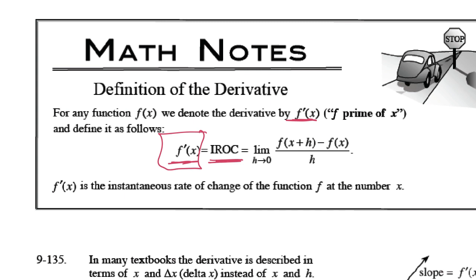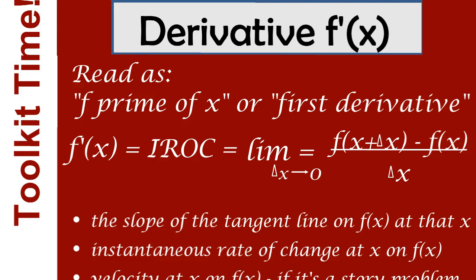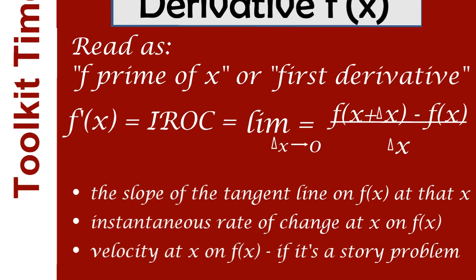Now, what I would like you to do is try to open your toolkit. Your toolkit will be on page 50. Let's discuss this one, and you can write it down. It's written or read as f prime of x, or first derivative. And again, the calculation is the same as what you have been doing forever at this point. And this is eventually the slope of the tangent line or the instantaneous rate of change.